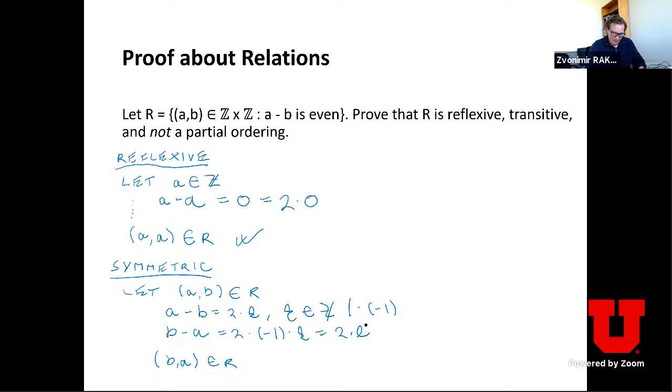And from this, it follows that b minus a is even, and therefore (b, a) is an element of R, and therefore it's symmetric. So this proves that it's symmetric.